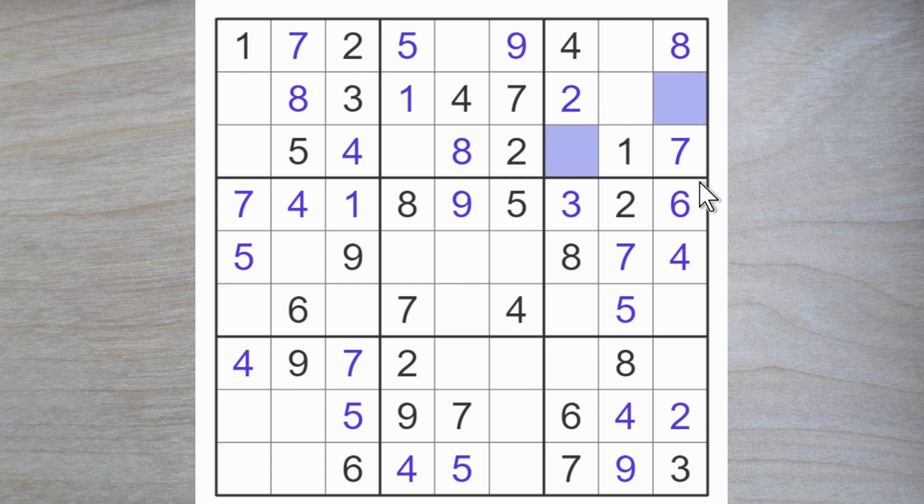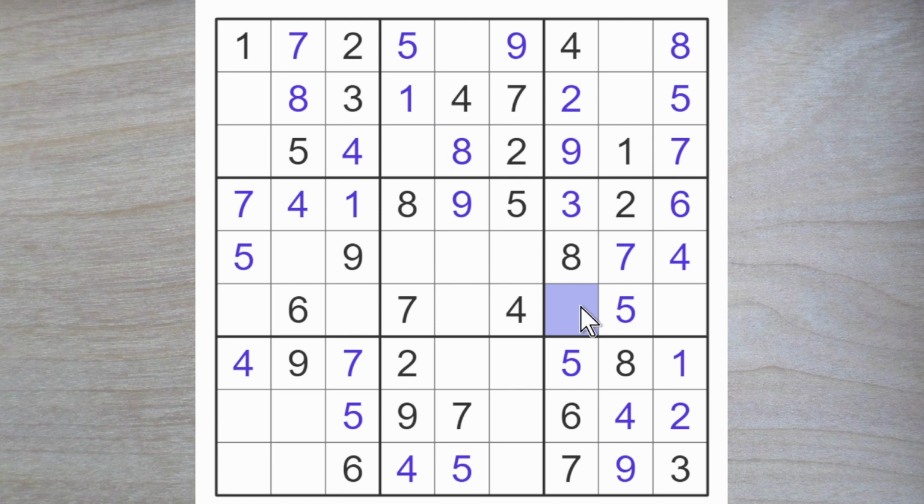Therefore, these squares must be a 9 and a 5. We got a 5 blocking across, so here's a 9 and here's a 5, giving me a 1 here and a 5 here. Still a 3, 6 here and a 3, 6 here. But I think I was talking about these earlier.